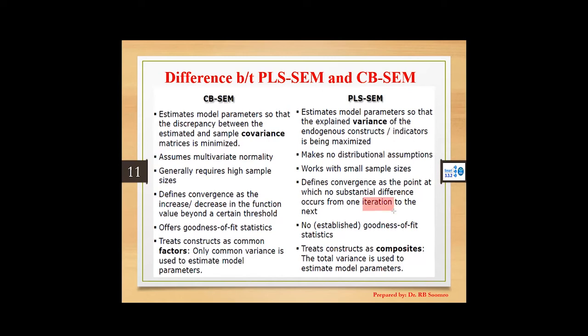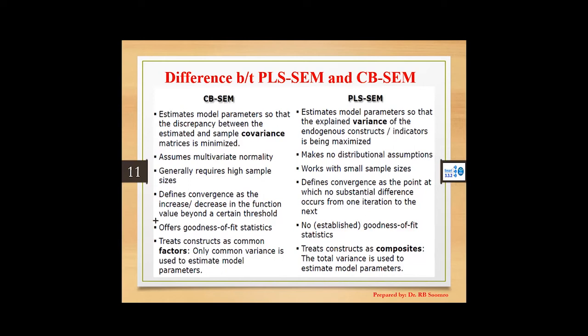Iteration means repetition. When you repeat again and again, a time comes when you reach a certain point where there is no difference. So that's another difference between these two. There are no established goodness of fit indices, as I already told you. It just provides you the R square, and sometimes researchers also report the Q square.